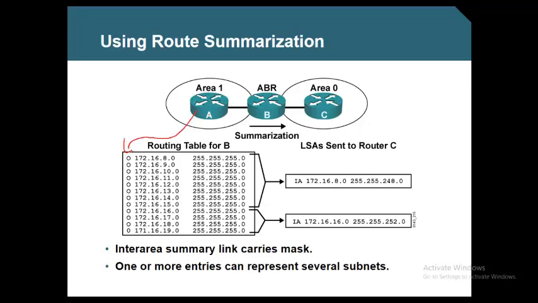You are doing summarization in ABR, so I need to say area 1 range command 172.16.8.0 255.255.248.0. So it is area 1 range, because you got area. And this is the area from where the network will come. I want to summarize. So that's the area 1 range.